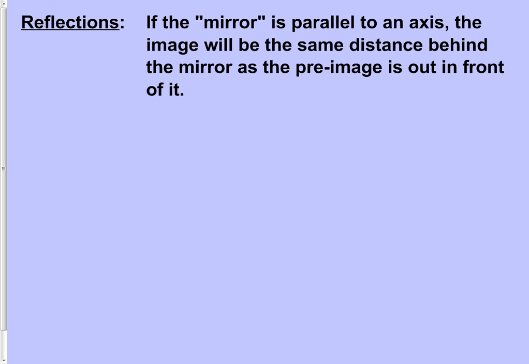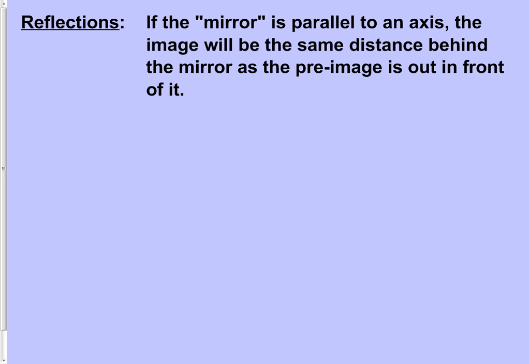Now, if the mirror that is in the graph that we are reflecting across is parallel to an axis, the image will be the same distance behind the mirror as the pre-image was out in front of it. This is very similar to reflections that you have done just on blank pieces of paper where there has not been a graph really involved.